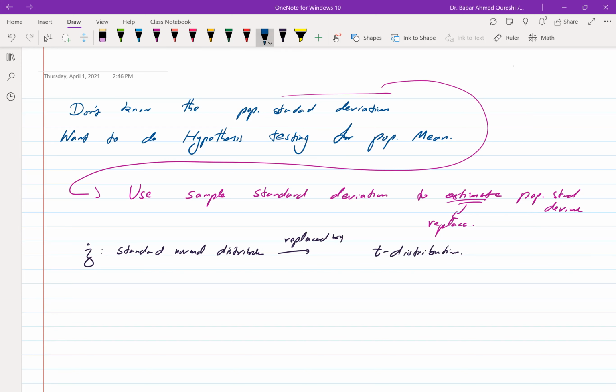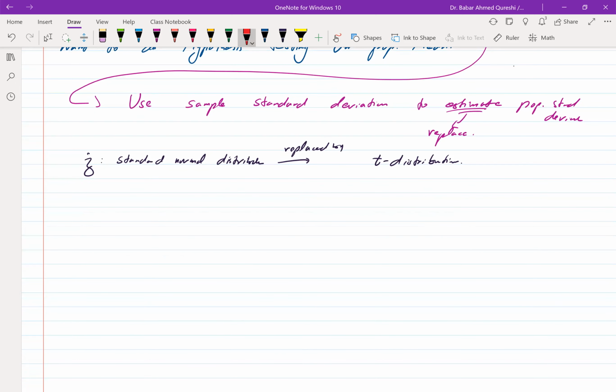So now our main assumption becomes that the sample mean is following the t distribution.